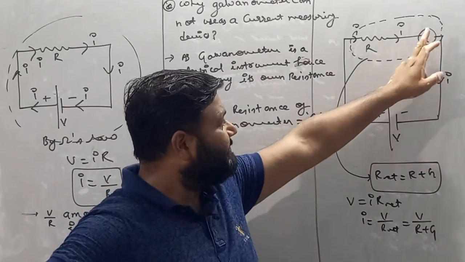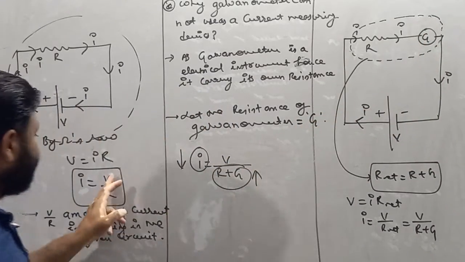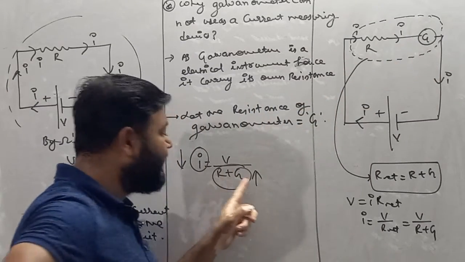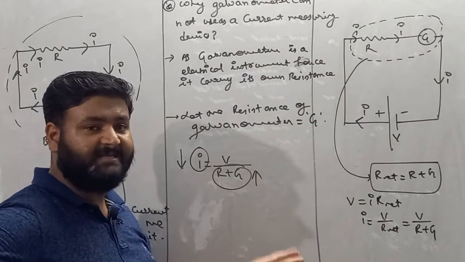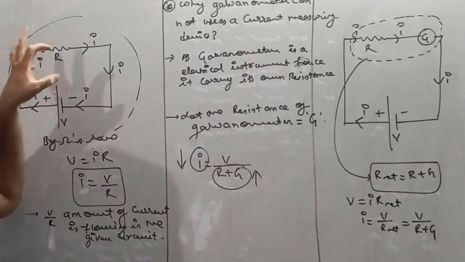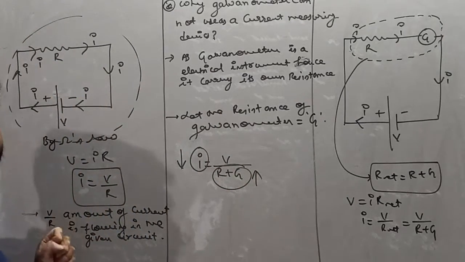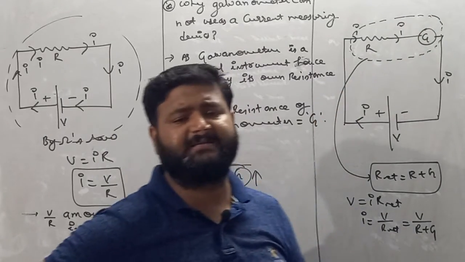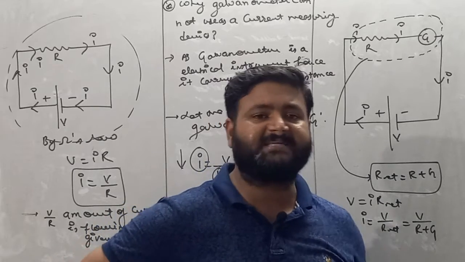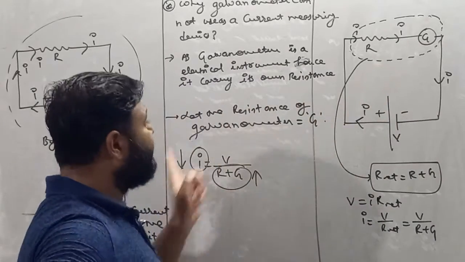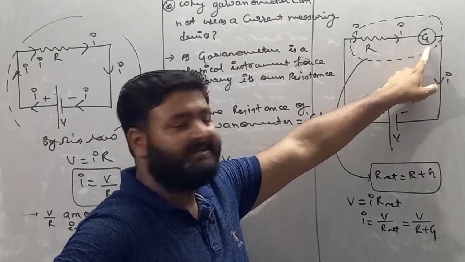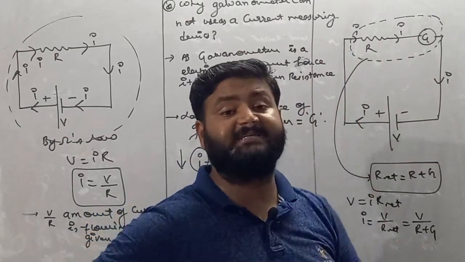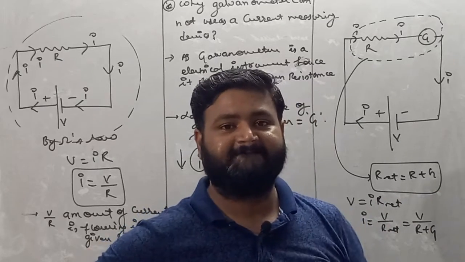So now see, the galvanometer cannot detect current V by R. The galvanometer detects V by R plus G. The actual current flowing in the circuit is V by R, but when I connect the galvanometer in series, because a galvanometer is always connected in series, the net resistance of the circuit increases because the galvanometer has its own high resistance.